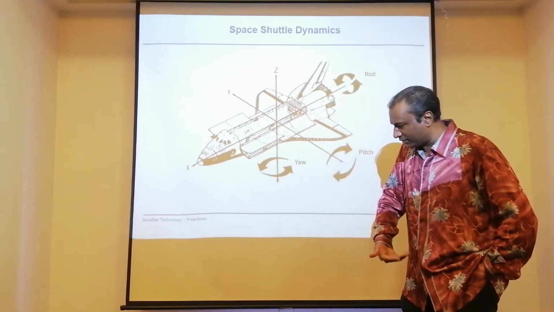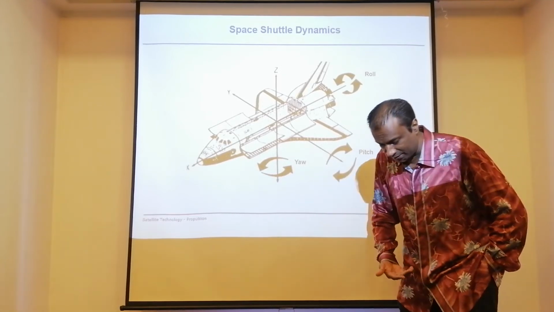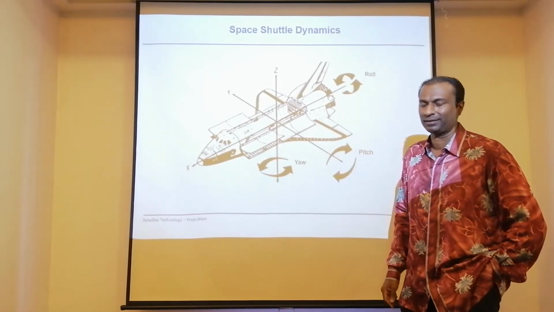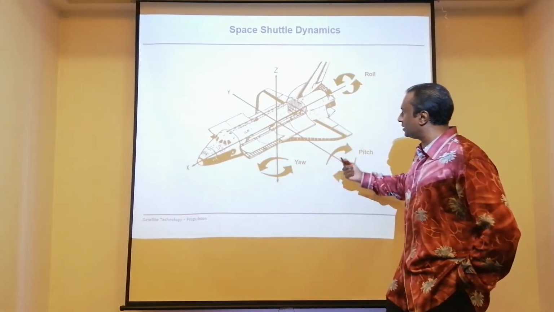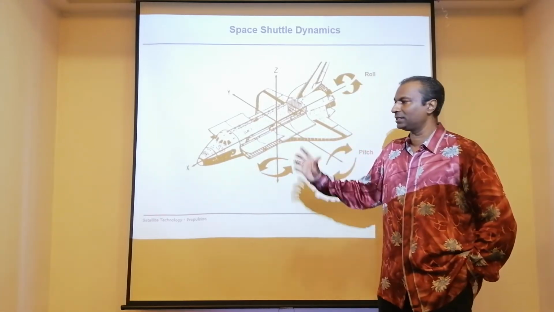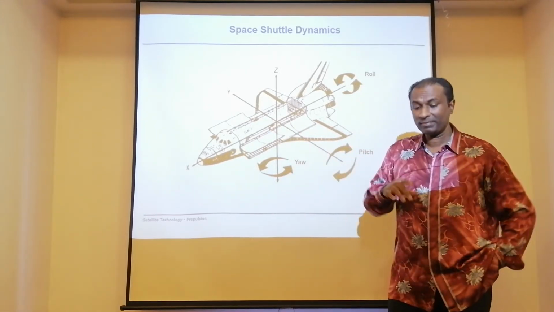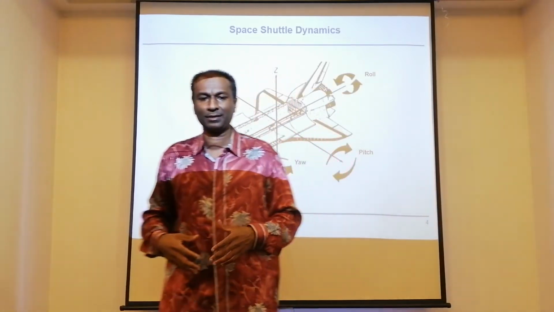So the belly of the space shuttle is always looking at planet Earth. A rotational motion along these axes is what we call attitude. In order to do this in a satellite, we must have something rotating inside the satellite. We will see that in the next chapter.